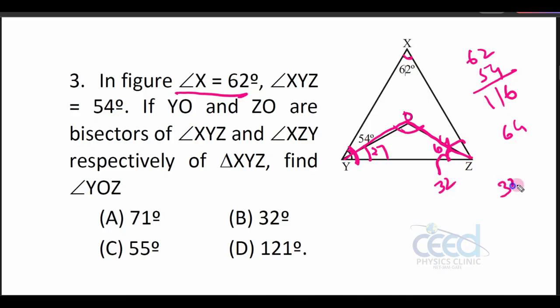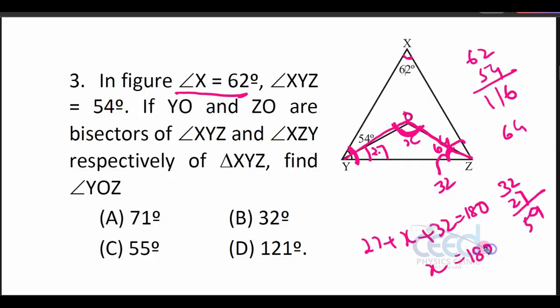Now 27 plus x plus this angle 32 is equal to 180, right? Then what is x? 180 minus 32 plus 27, what? 59. Then 180 minus 59, right? That is 121, right? Option D is correct.